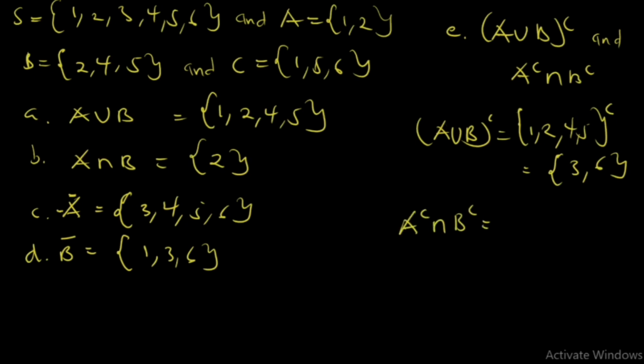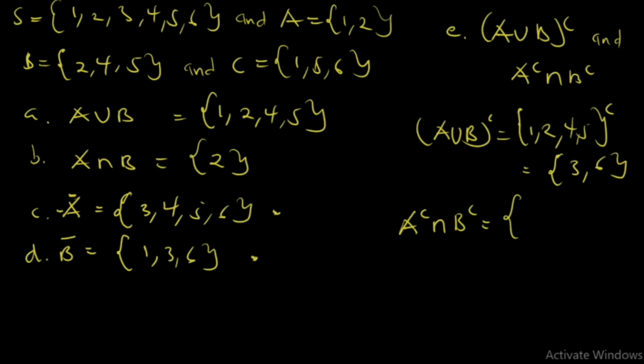In that case, A complement is 3, 4, 5, 6, and B complement is 1, 3, 6. In the intersection, we have 3 and 6.